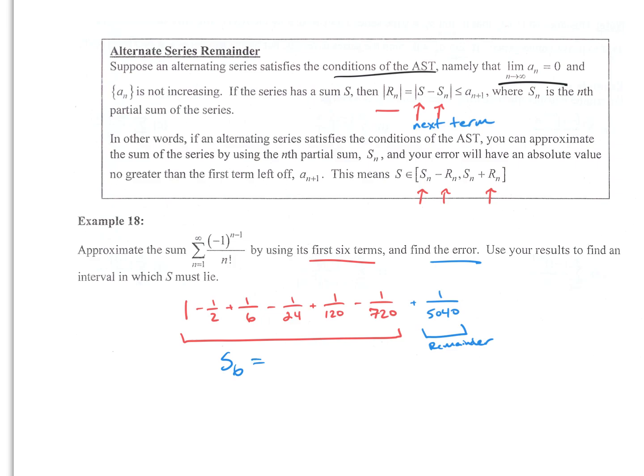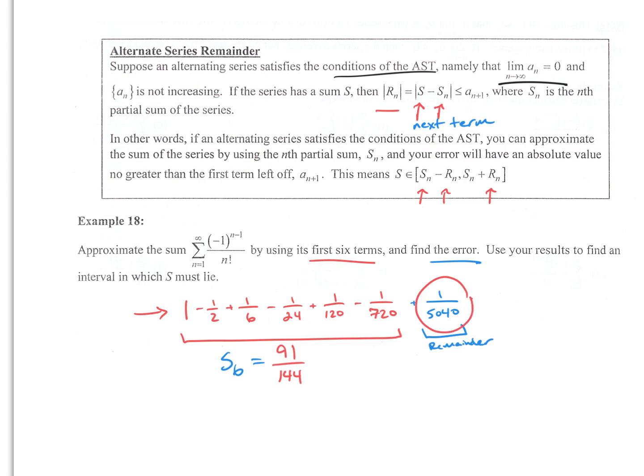And so this is where we use our calculator. So we're going to substitute those into our calculator. Sub 6, which would be what? 91 over 144. All right. And so my maximum remainder would be 1 over 5,040, because that's my next term.